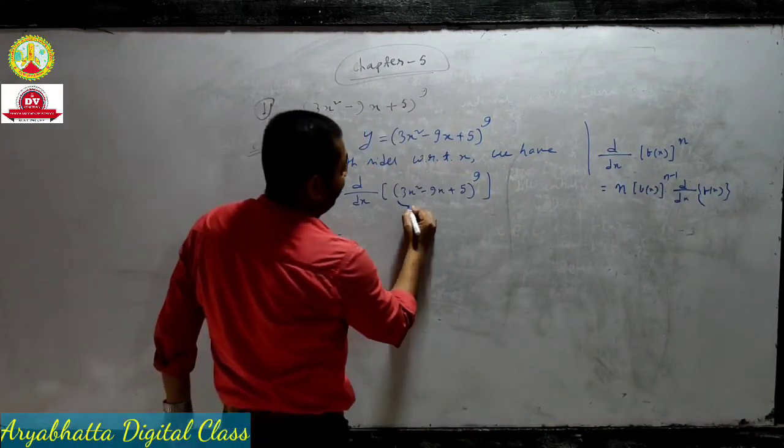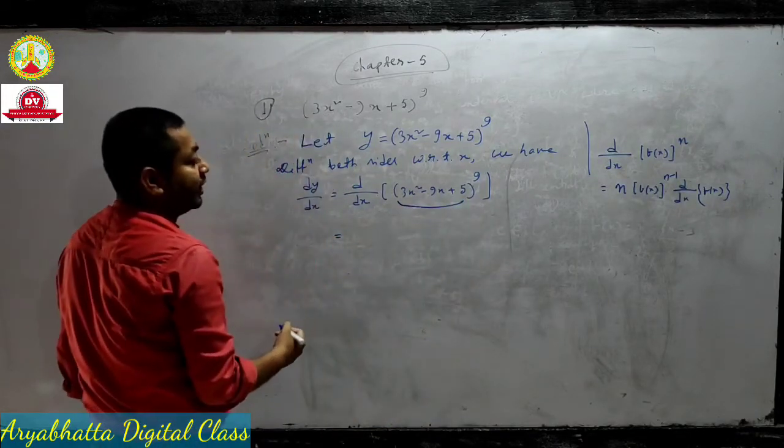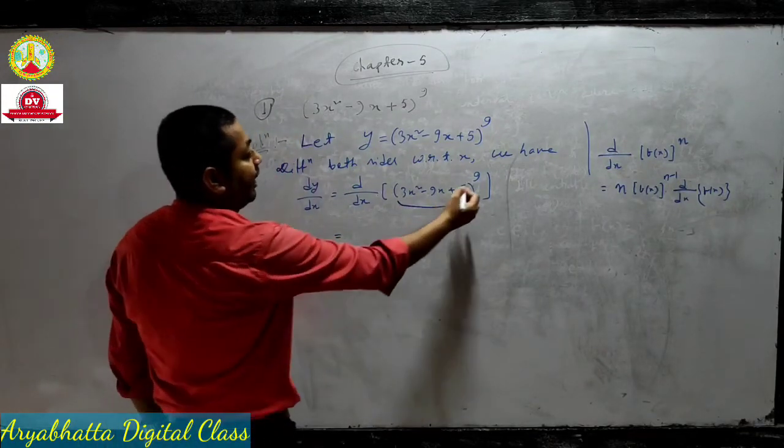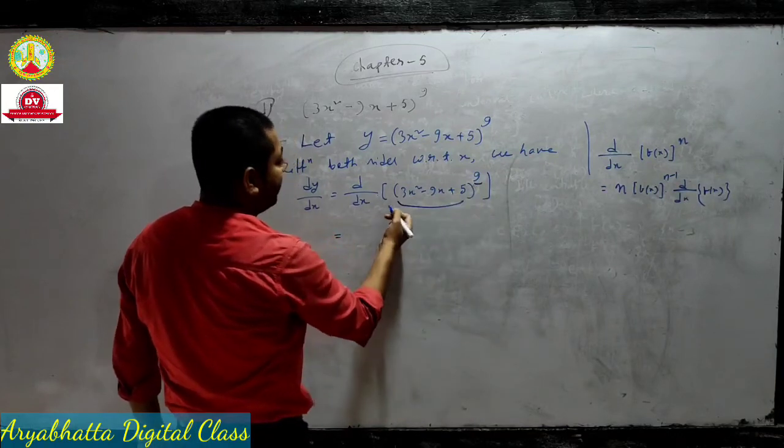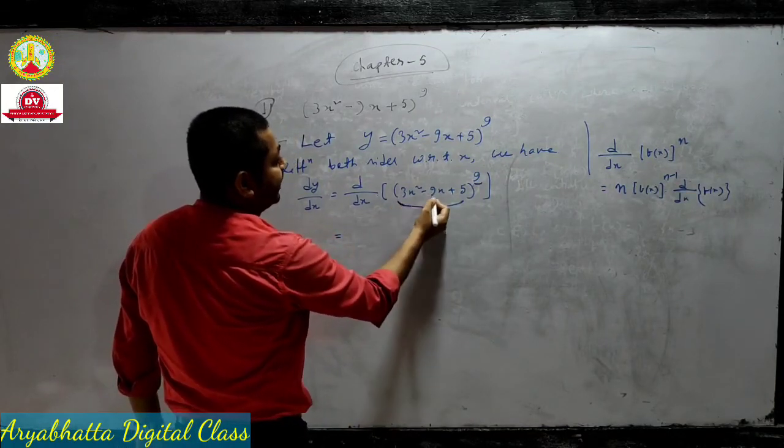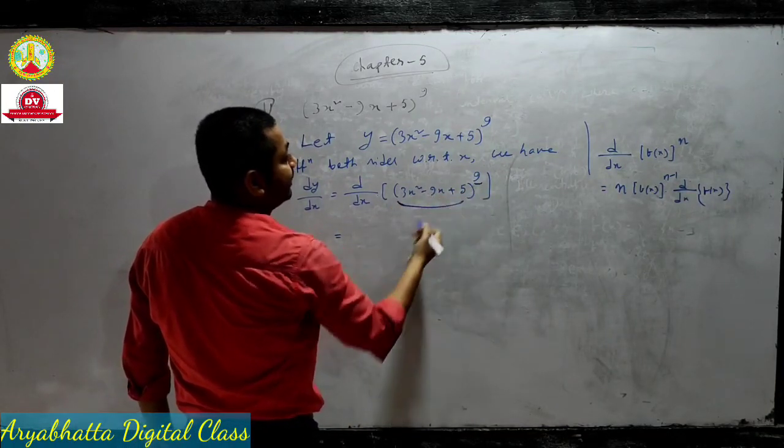Already we have learned this. Here f of x is equal to 3x squared minus 9x plus 5 and n is equal to 9.